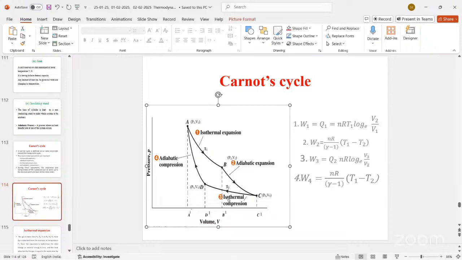Then come to step 3, isothermal compression. What will happen here? The gas from ఎక్కడి నుంచి వస్తుంది? P3 V3 T2 to వెరీ గుడ్ చెప్పండి.